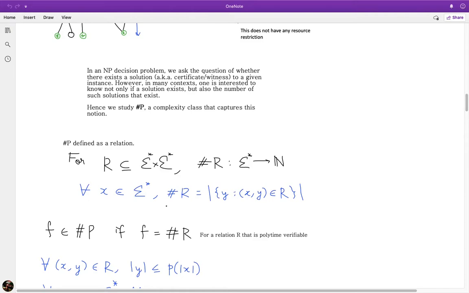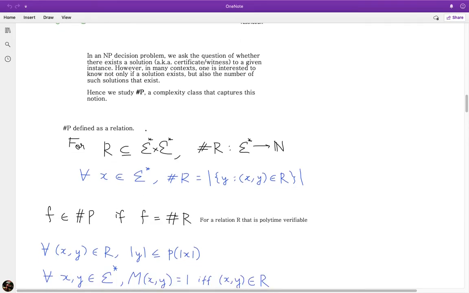So we can think of it in a way that we are only concerned with the question of whether a solution exists or not, and we are not concerned with the number of solutions it has. If we know that we have a solution for it, then we can say it is decidable. So here we study #P, a complexity class which is concerned with finding out the number of solutions.